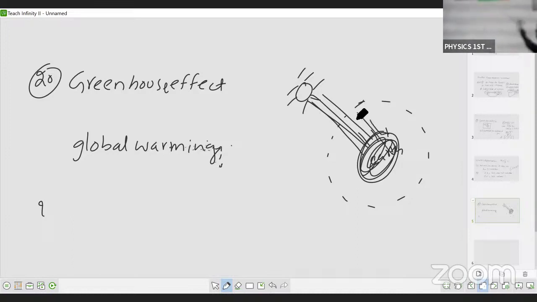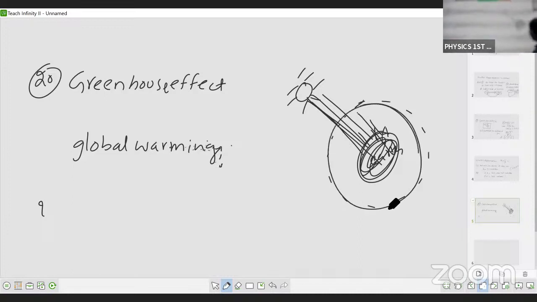Just now I said a good absorber is a good emitter. That's why greenhouse gases absorb radiation coming from Earth and re-radiate. Automatically the average temperature of Earth's atmosphere increases.